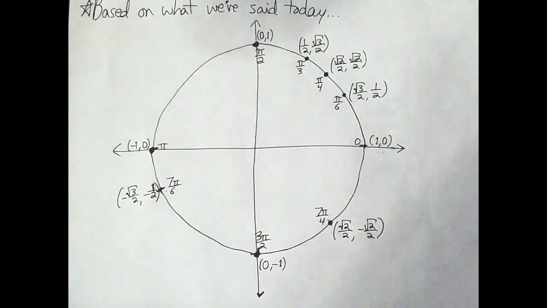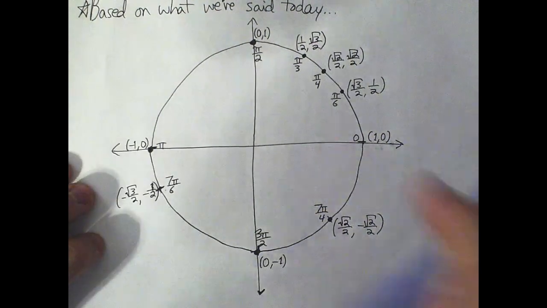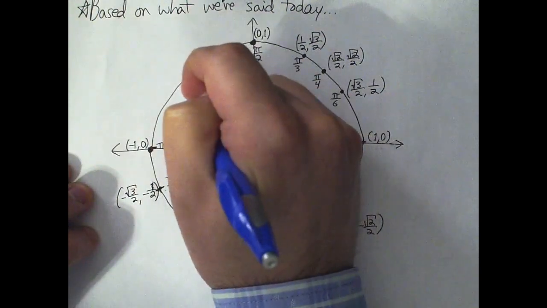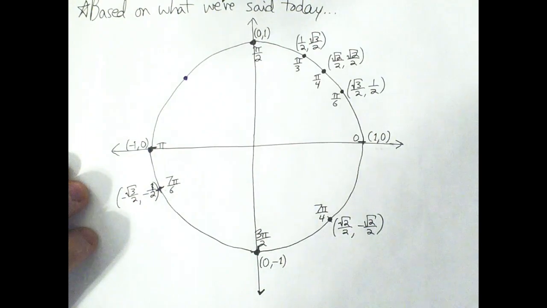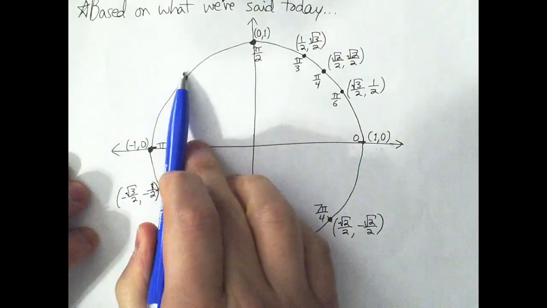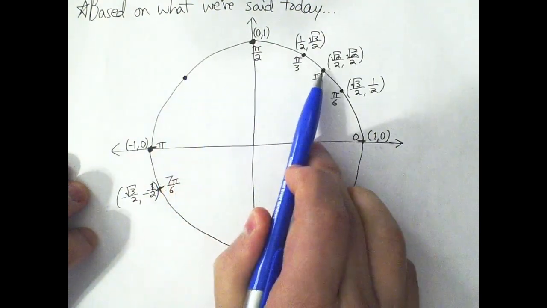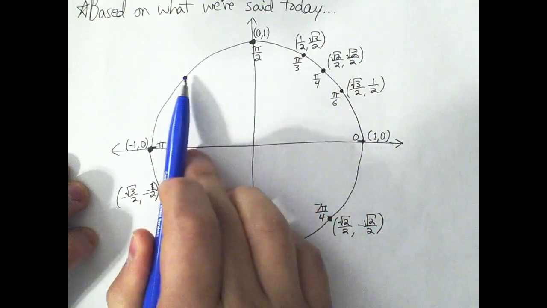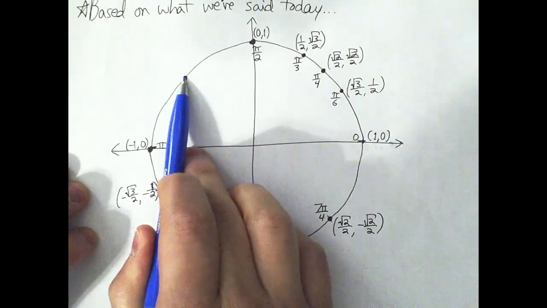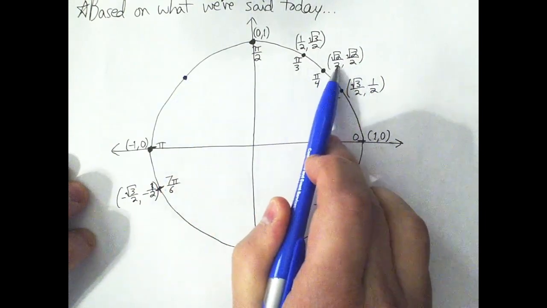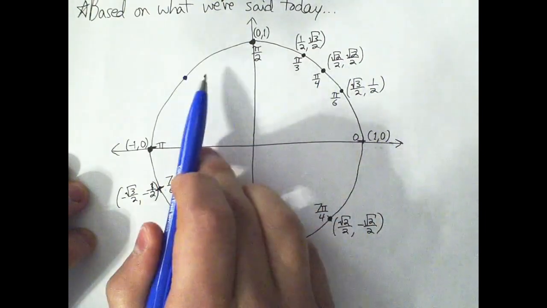Do you think you could label more points? I bet you could. I bet you could label this one here. I bet you could figure out the coordinates of that. It's kind of like this pi over 4, except it's in a different quadrant. So maybe you would use a reference number of pi over 4. Maybe it would have these same numbers, but maybe with a plus or a minus in front.